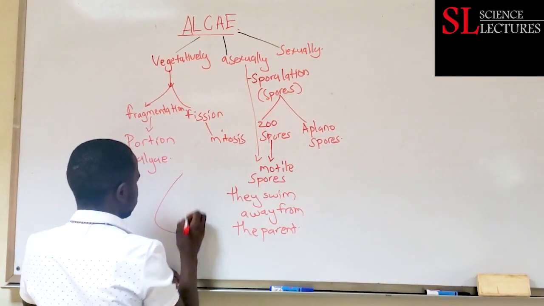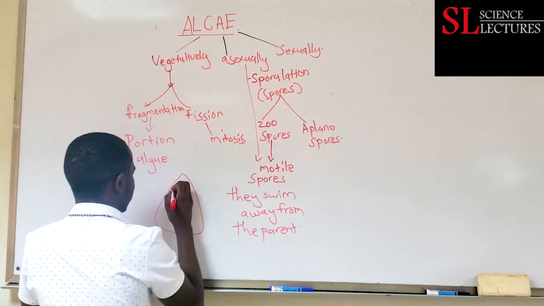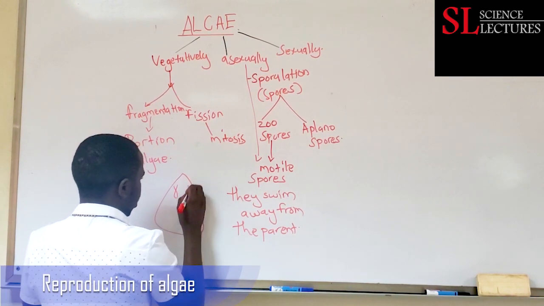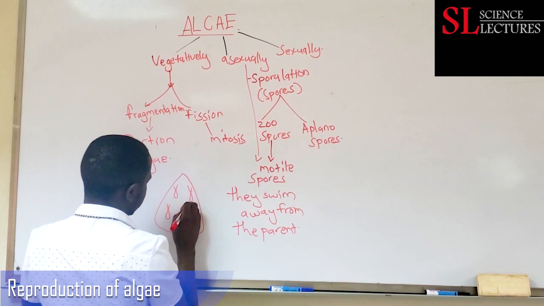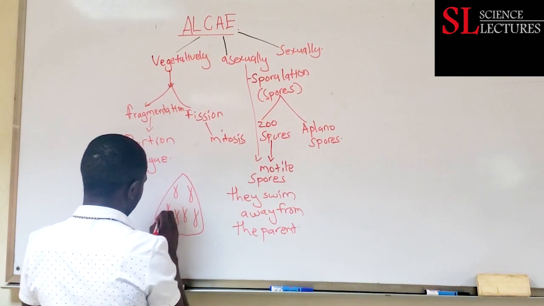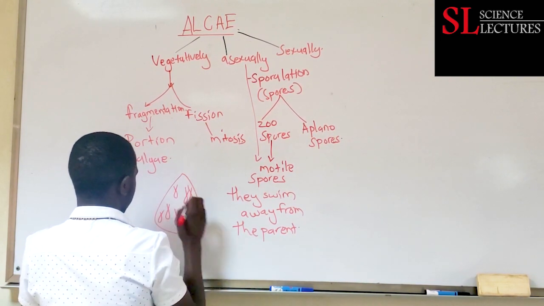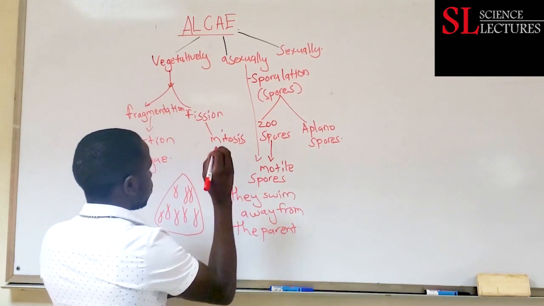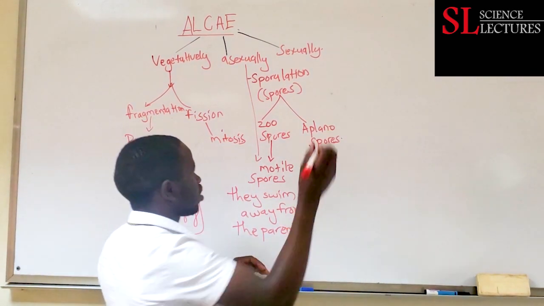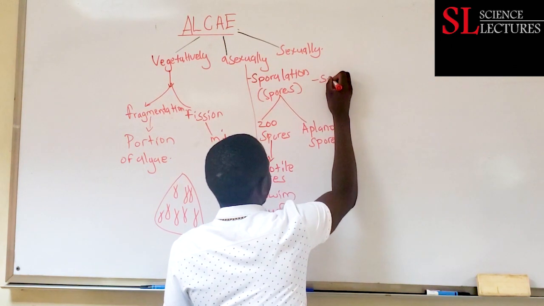If I try to illustrate them, it would look like this, because they have flagella. So these are zoospores. A group of spores is called a sporangium.